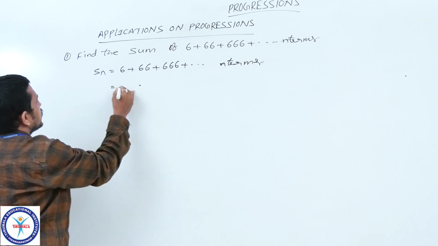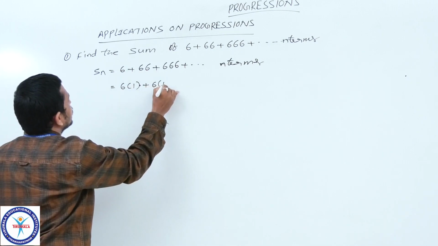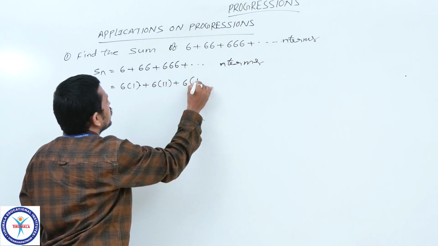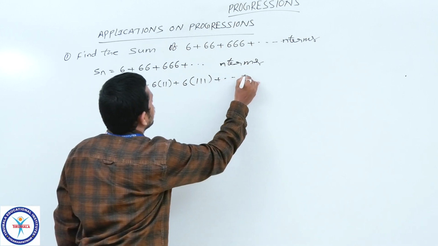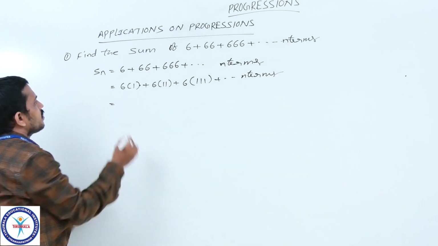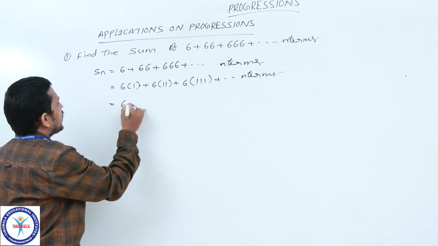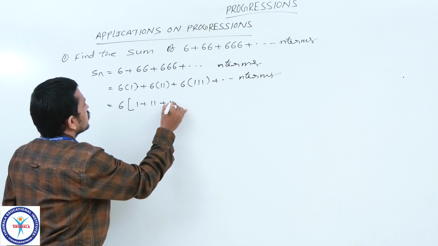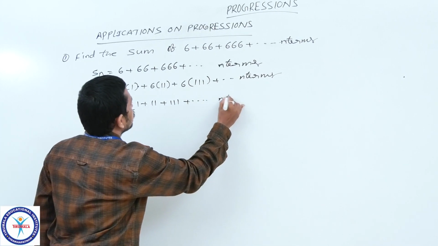This can be written as 6 into 1 plus 6 into 11 plus 6 into 111 plus and so on n terms. Taking 6 common, we have 1 plus 11 plus 111 plus and so on n terms.